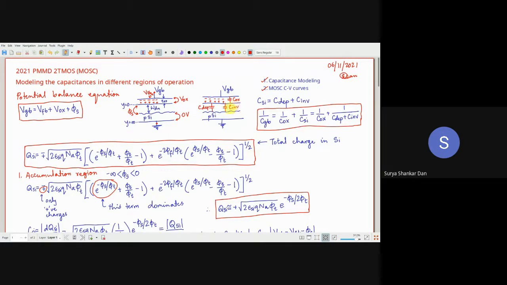C inversion is not always going to be parallel. That will depend on the operating frequency. Okay? So whatever we have done is only for DC or very low frequencies. So in the next class, we will investigate the MOS capacitor operation under high frequencies. That's all for today. Thank you.